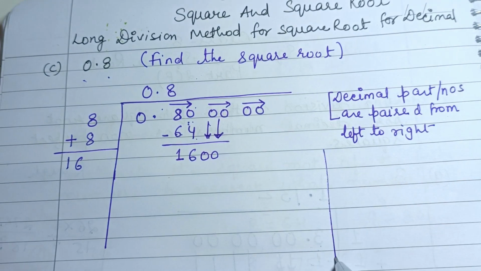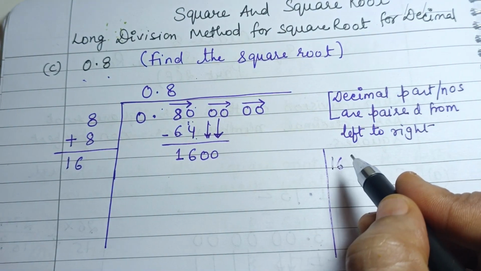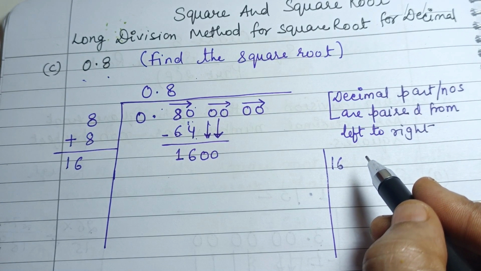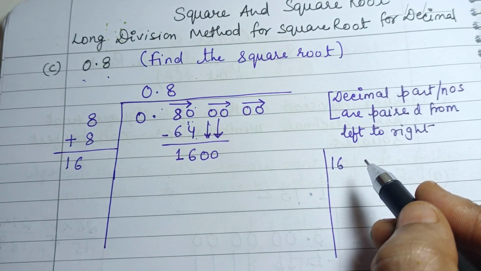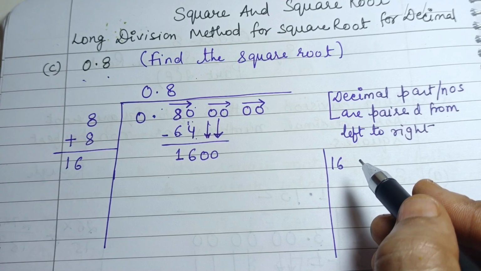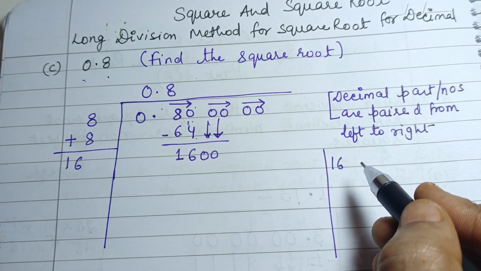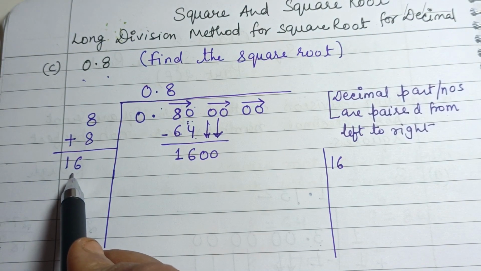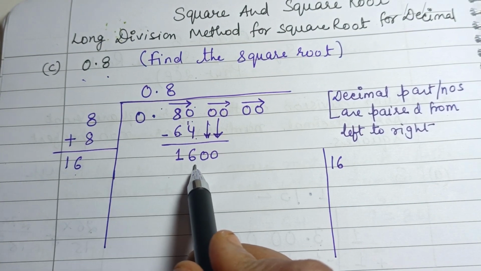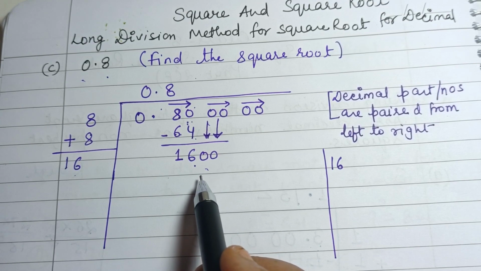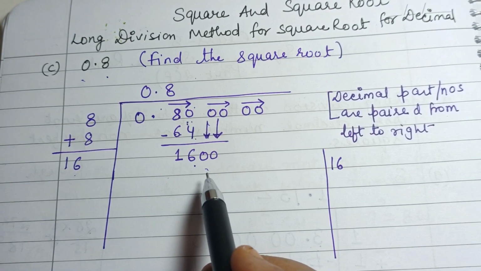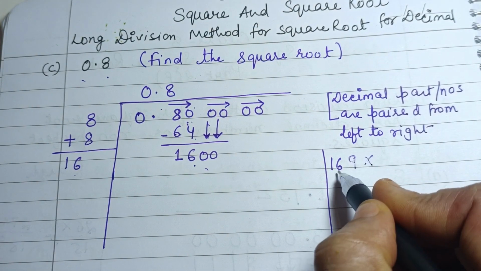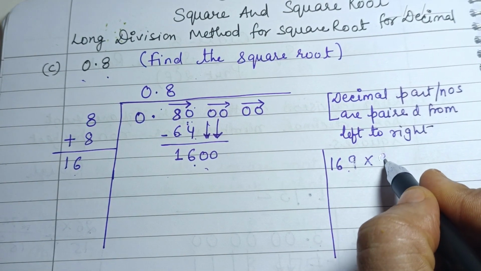Now in front of 16 I need to put one digit, so that whatever number is formed, if it is multiplied by that digit, it should come nearby to 1600. The highest place is 16, so 16 9s are 144, so I guess we should try with 9 first.